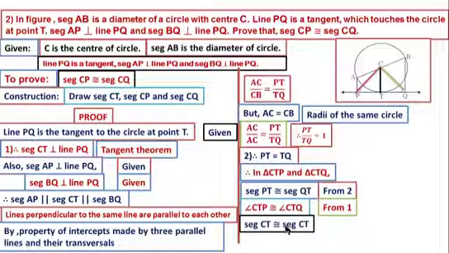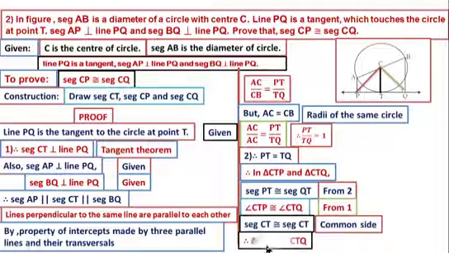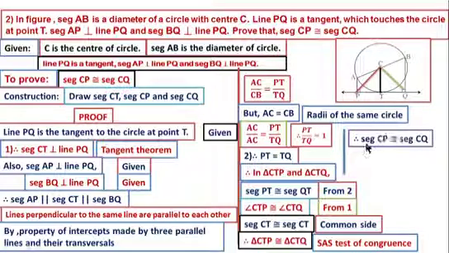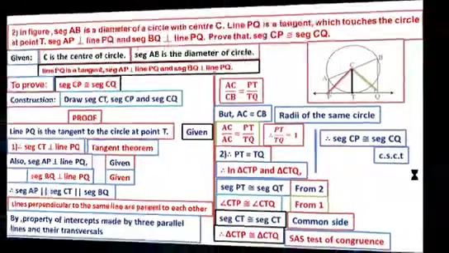Segment CT is congruent to segment CT, common side. And therefore triangle CTP is congruent to triangle CTQ by SAS test of congruence. Therefore segment CP is congruent to segment CQ, corresponding sides of congruent triangles.